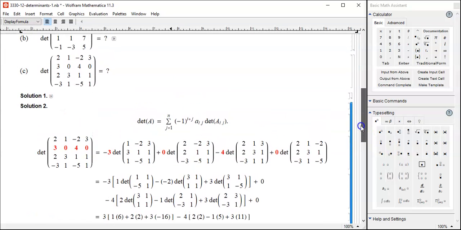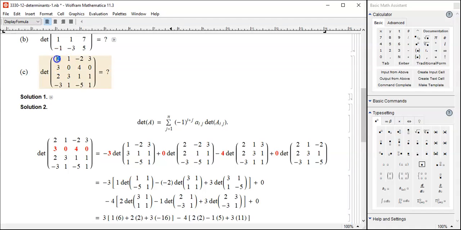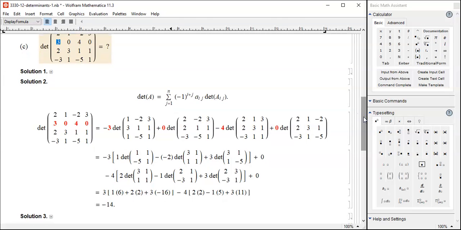So let's use the second row. So plus minus, so we have to start from minus. So we assign minus plus minus plus, and then the numbers are 3, 0, 4, 0. All right? Okay, this 3 times this determinant.